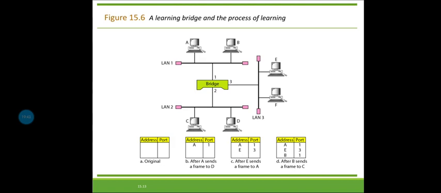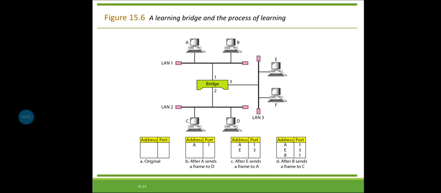And then coming to learning: looking at the movement, looking at which station is trying to transmit the data, and whether I am going to make use of a static table or a dynamic table. It depends on the particular scenario.